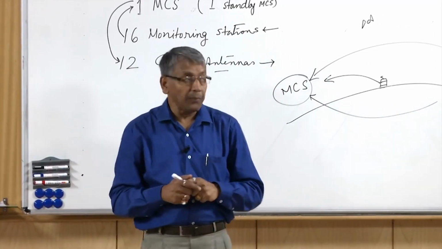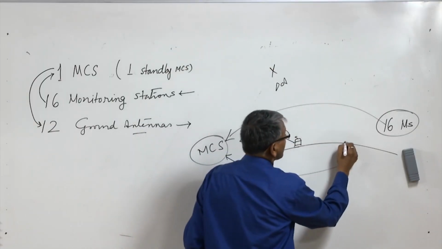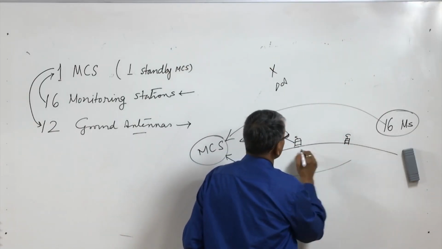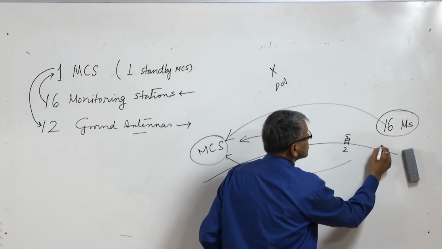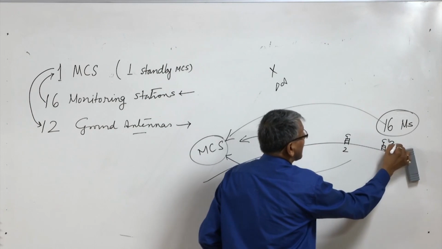That means, suppose this is satellite X, then monitoring station 1, this is 2, this is 3, and like that I have 16.